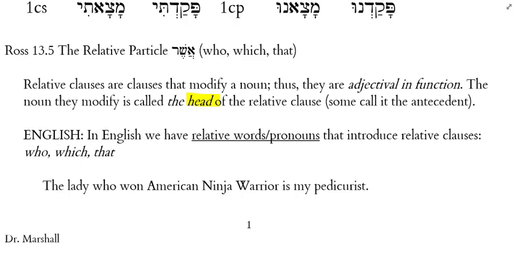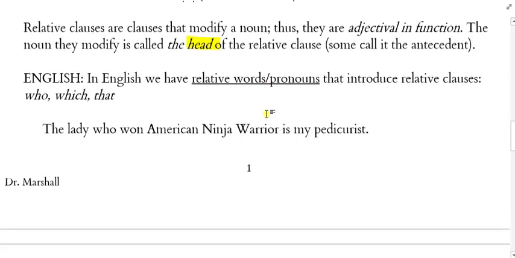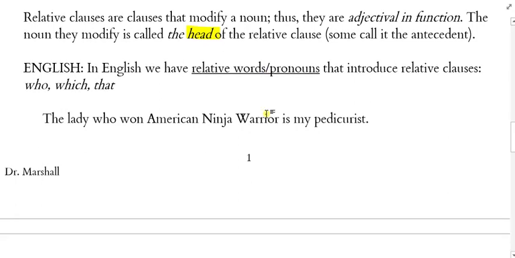In English, we have relative words or relative pronouns that introduce relative clauses, and those are the words who, which, or that. So let me just give you some examples here. The lady who won American Ninja Warrior is my pedicurist. All right? This is not autobiographical, by the way. I don't have a pedicurist, but what is the main clause?